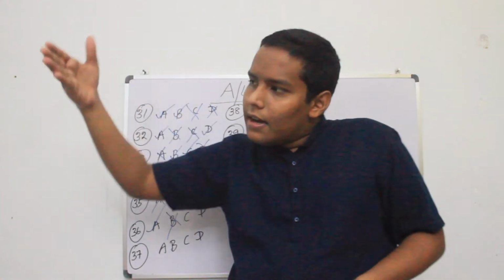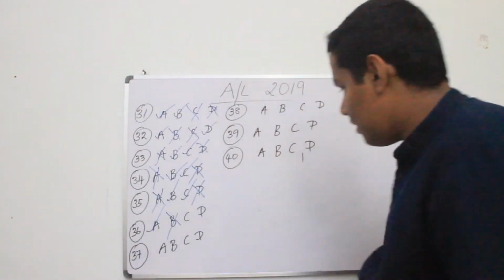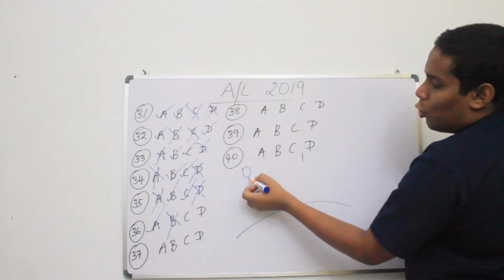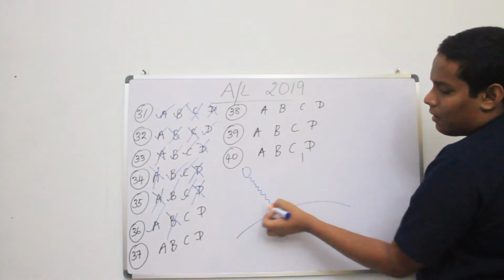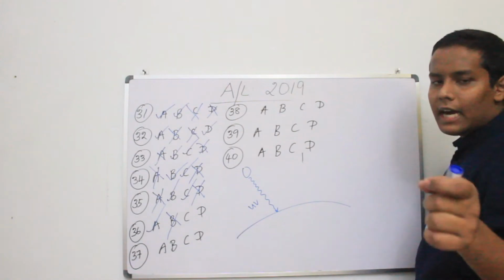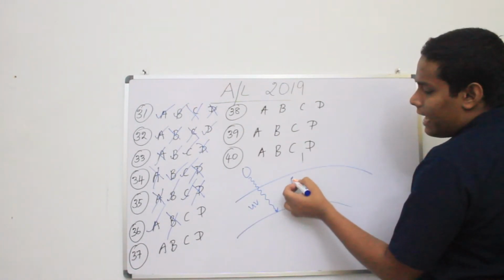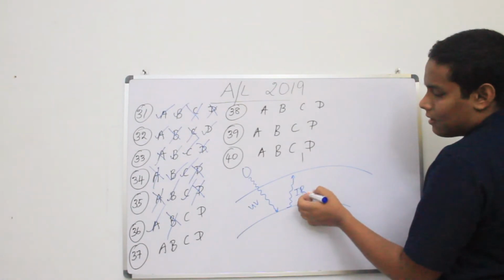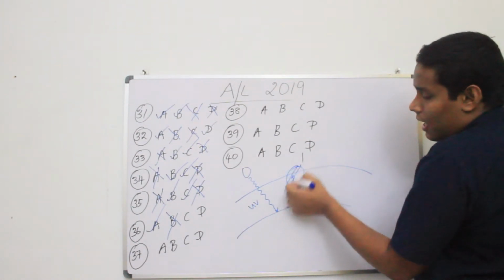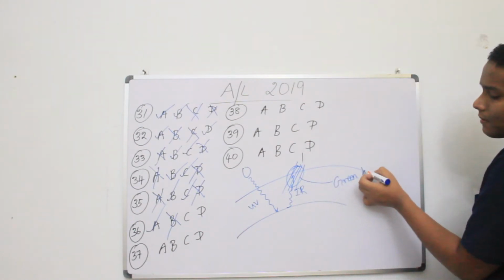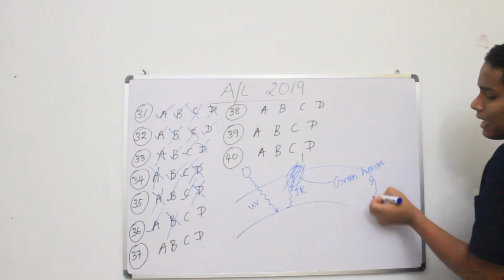What happens in global warming is, UV comes from the sun and it has to re-radiate back as IR rays. These IR rays are only absorbed by the greenhouse gases.